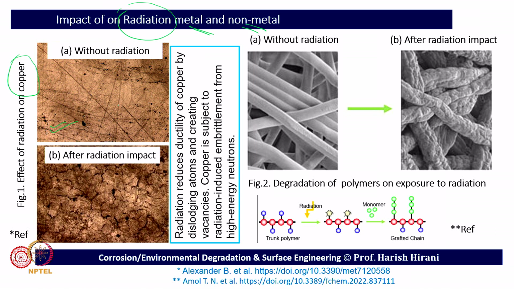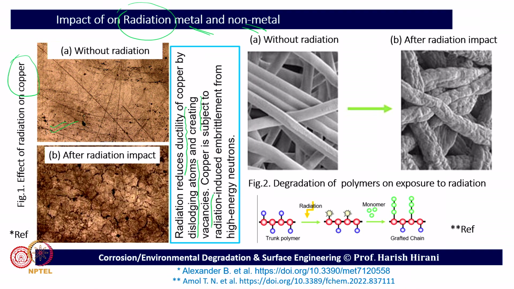This is only exposure to radiation over time. That is why we say radiation reduces the ductility of copper and increases its brittleness, and by dislodging atoms it changes the atom locations and creates a number of vacancies.